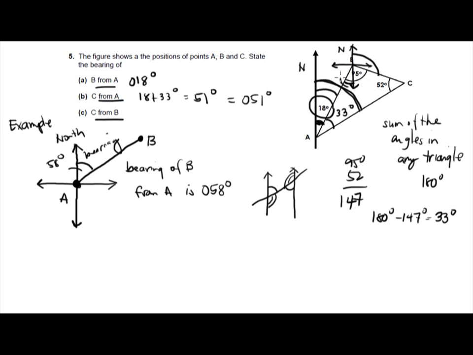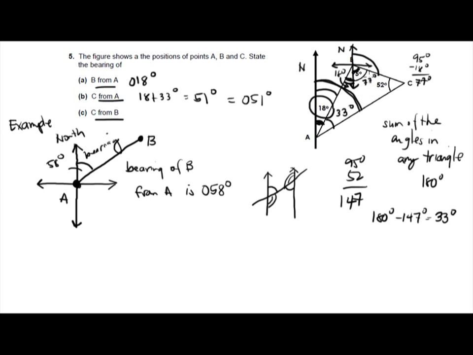Now, if this angle here is 18 degrees, and the bigger angle here is 95, then that will give me the measure of this. All I have to do is take away that 18 degrees from the 95 degrees, and that is 77 degrees. So the other angle here is 77 degrees.